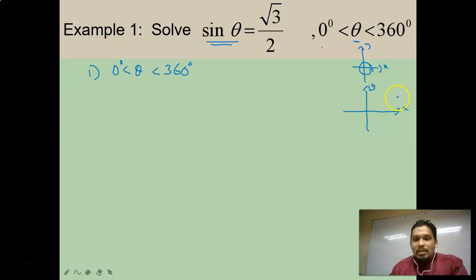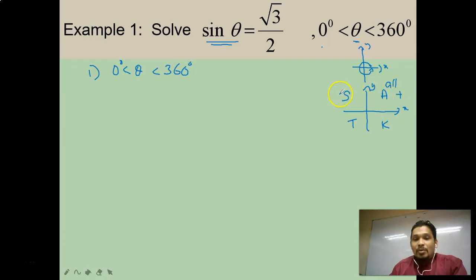So we can define this. In the first quadrant, we put capital letters A, S, T and K. A stands for all. All means that all the identities of sine, tangent, and cos are positive.